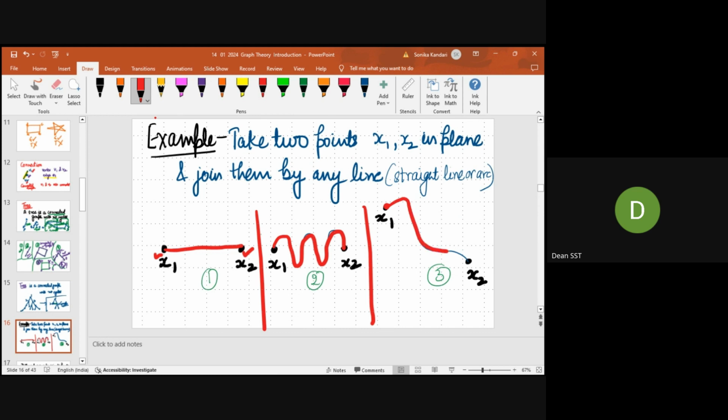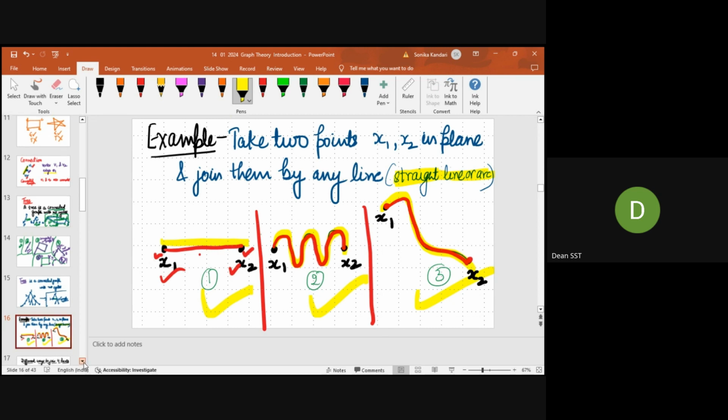So we can join in this manner also. It means for joining two vertices, we need a straight line or a curve. So in 3 ways, we have joined 2 different points.